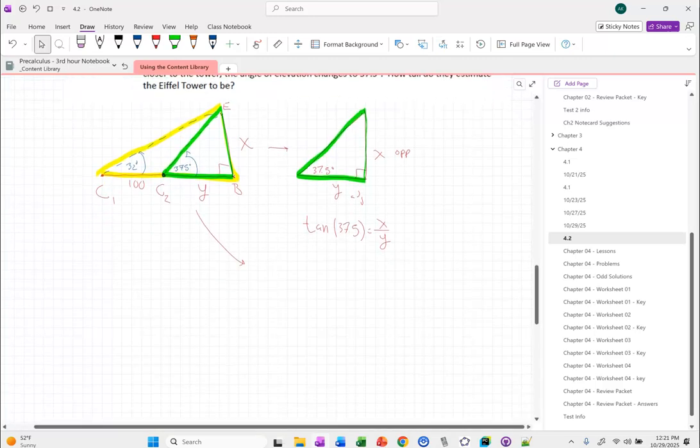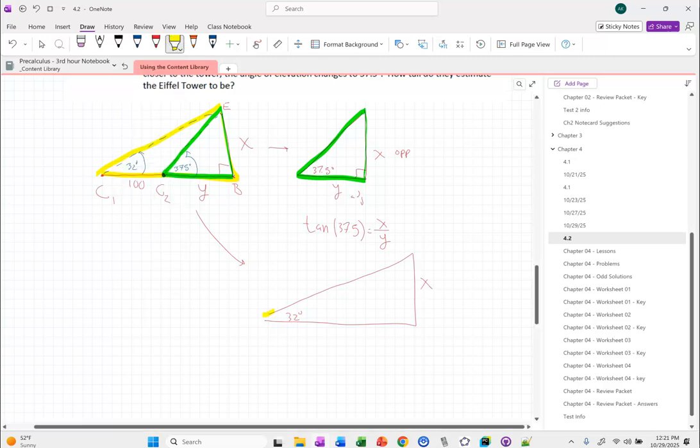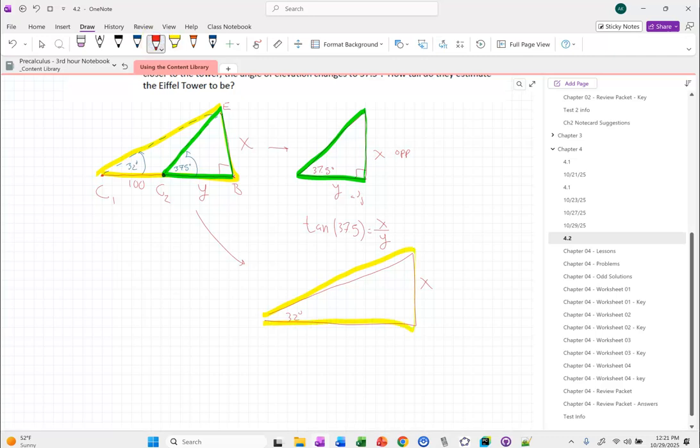And then using the yellow triangle, I have this, but what is this bottom side going to be? What do I have to call this? Well, I can't have a third variable in it. What am I going to call that bottom side?